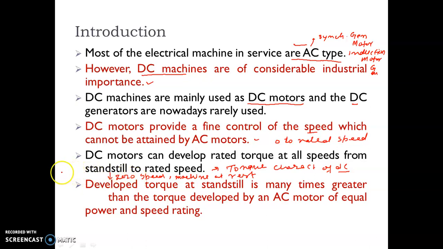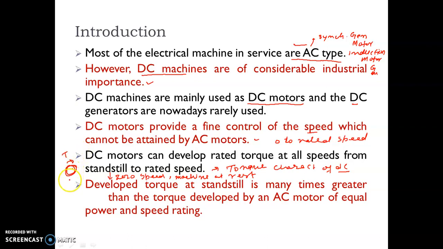For rotation we are giving torque, so torque can be obtained from very high value to low value.